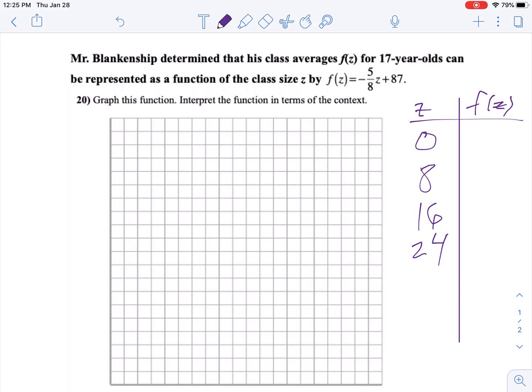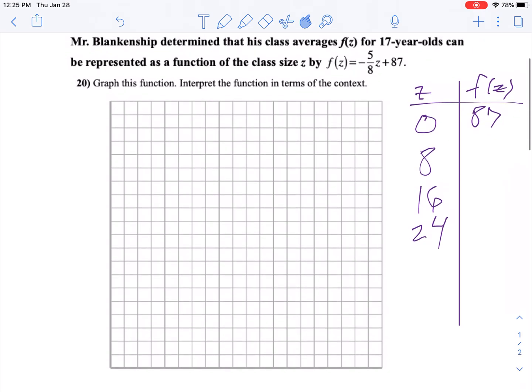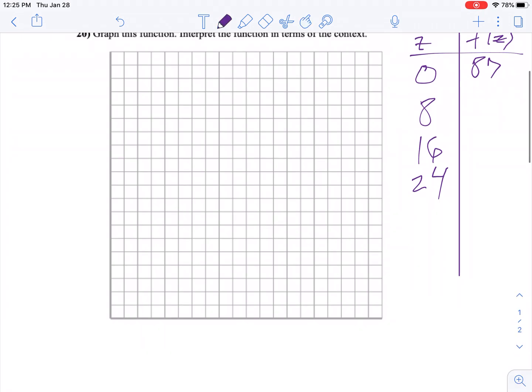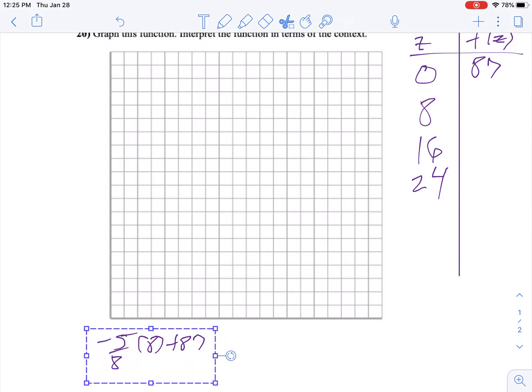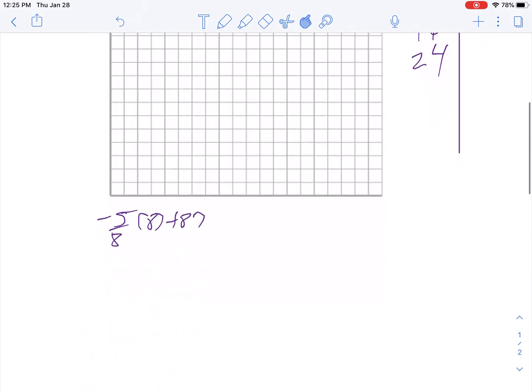0 plus 87 is 87. Now I'm going to have to show some work here on the bottom. So I'm going to replace z with 8. So I'm going to have negative 5/8 times 8 plus 87. I'm going to pull it down just a hair.